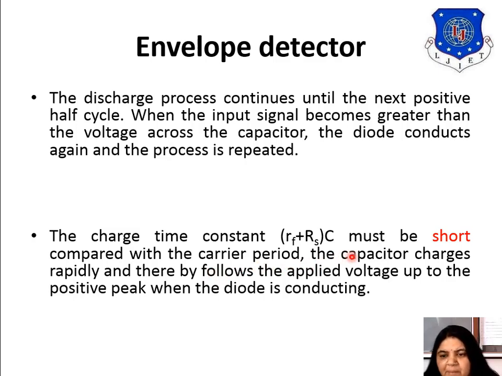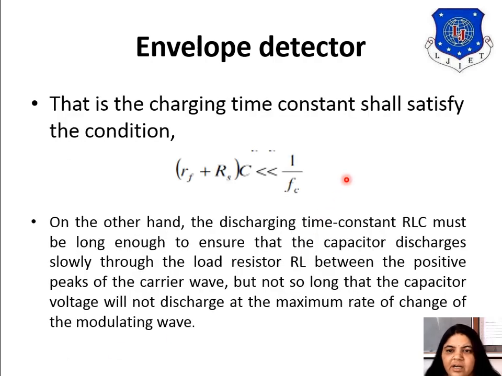Okay, so the capacitor charges rapidly and thereby follows the applied voltage up to the positive peak when the diode is conducting.